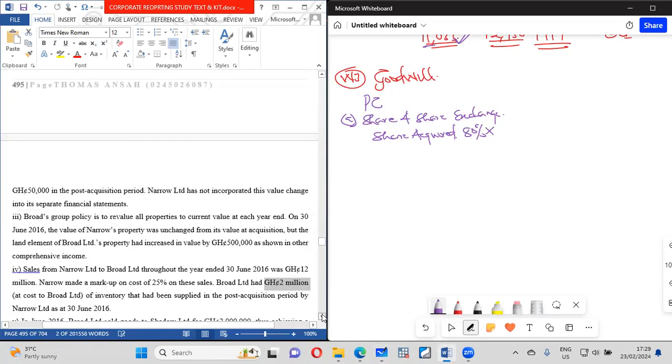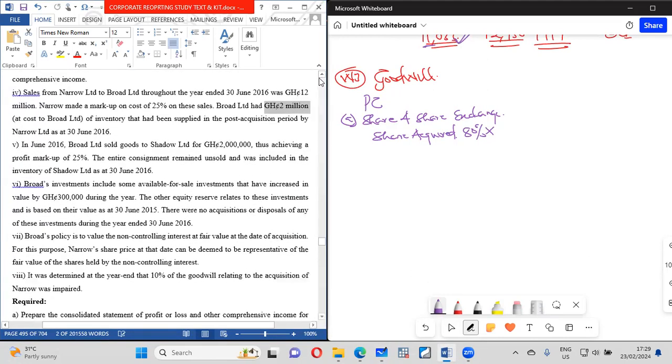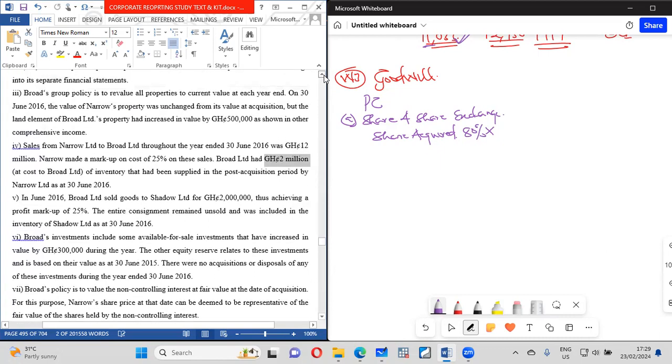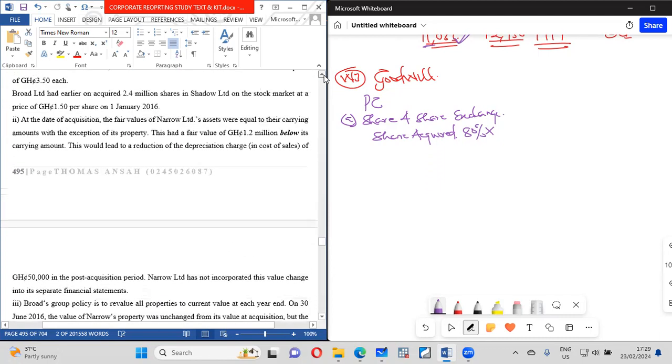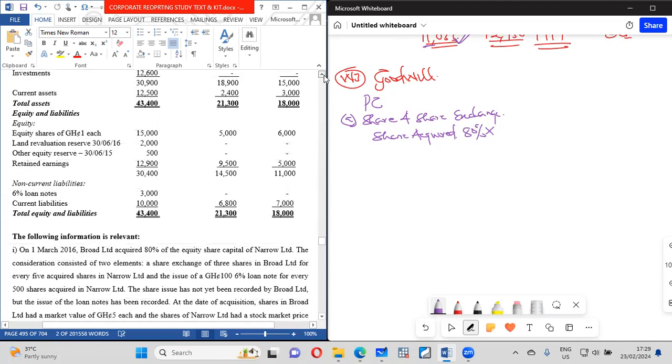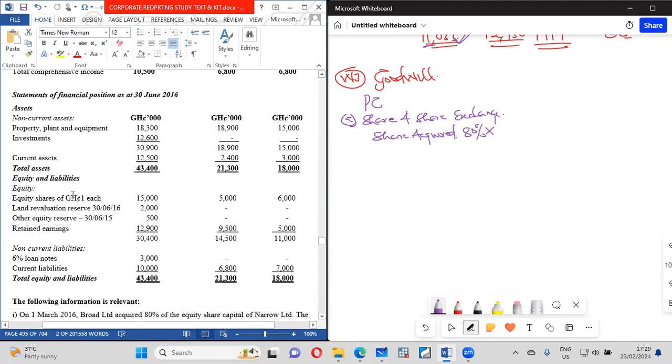So 80% of the shares. So this is their share, it's 5,000, and the price is 1. So 5,000, and that gives me 4,000 shares.